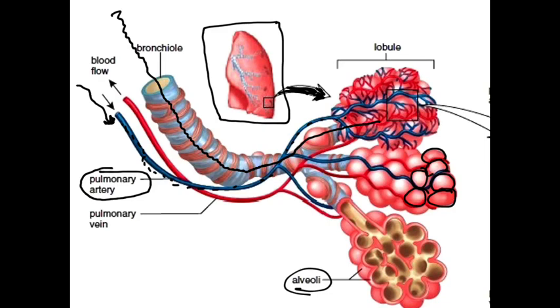There, oxygen from the atmosphere will enter into the blood. The blood will drop off CO2 as a waste product gas. And now that blood will take on a red color, and that red blood will return from the alveoli in small branches of pulmonary veins. And that blood will then return back to the heart.